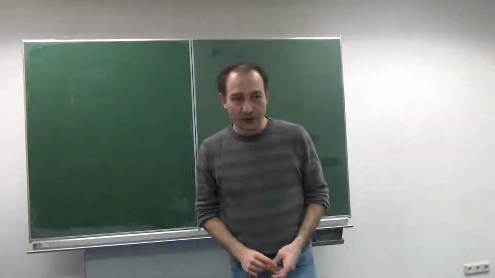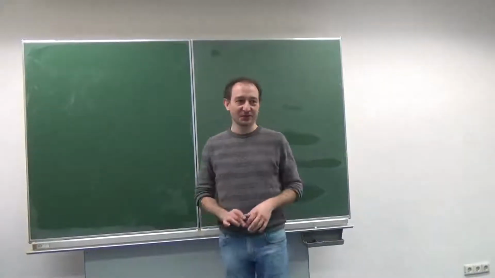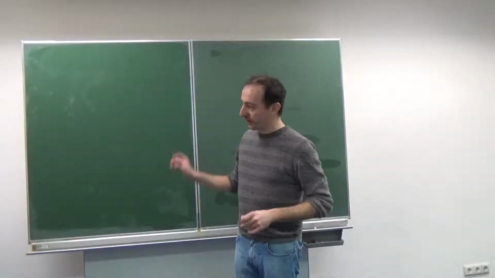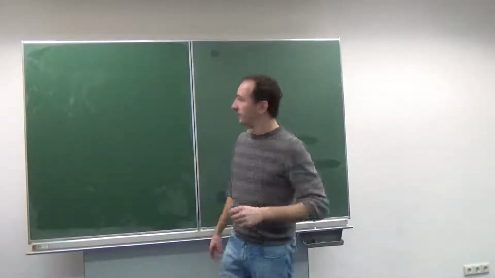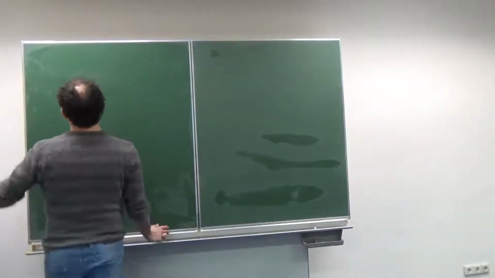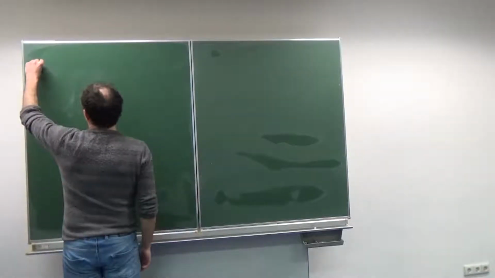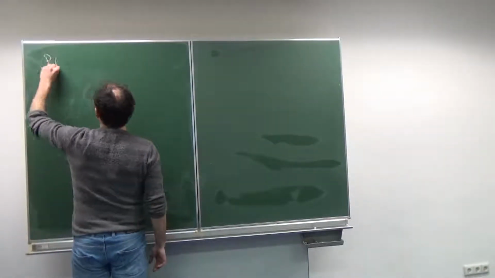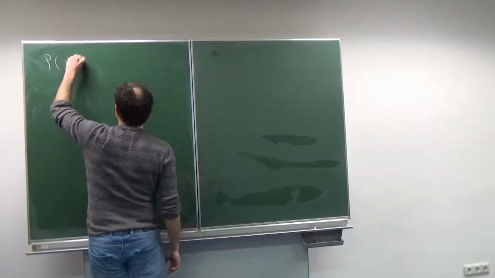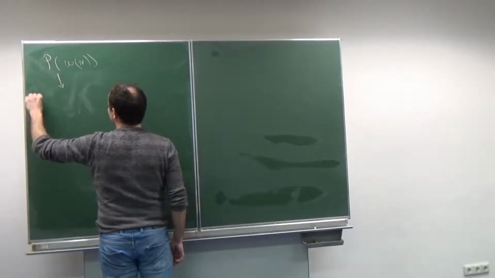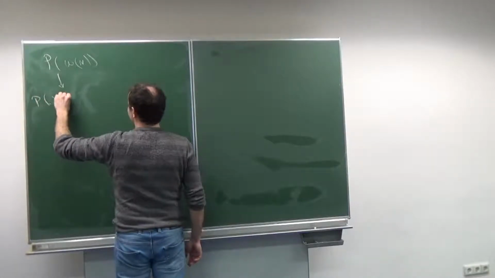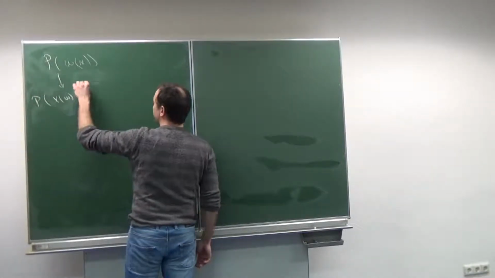So if you lost your mind, it's time to refocus. Let's forget about all these graph theory things and just get to the result. The core point is we started from a probability of a trajectory of length n, and we want to find the probability that certain observables take certain values.